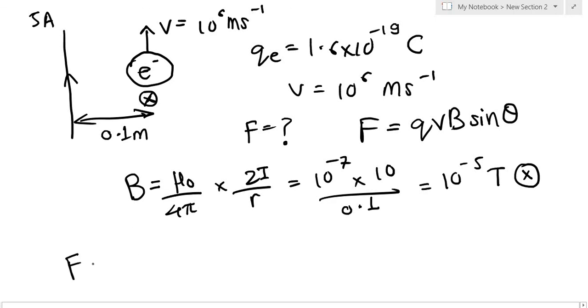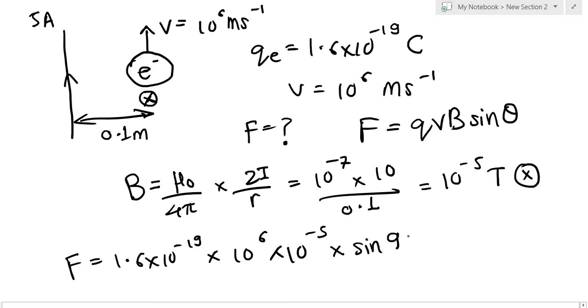We know the charge, 1.6 times 10 to the power of negative 19, times V, which is 10 to the power of 6, and the magnetic field is 10 to the power of negative 5, and then the sine theta. The magnetic field is pointing inwards, the velocity is in the direction of the current. They have an angle of 90 degrees, so sine of 90 degrees is 1. This will just be a 10. So finally you have 1.6 times 10 to the power of negative 18 newtons. Remember, this is force.